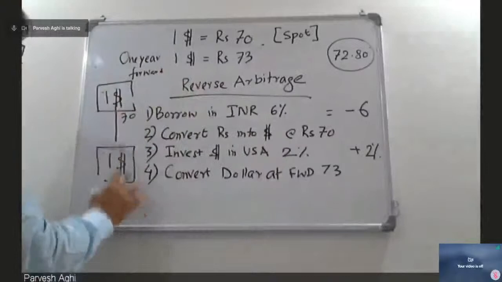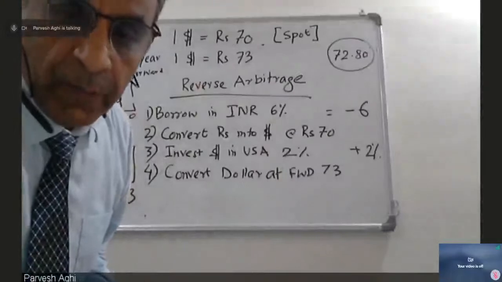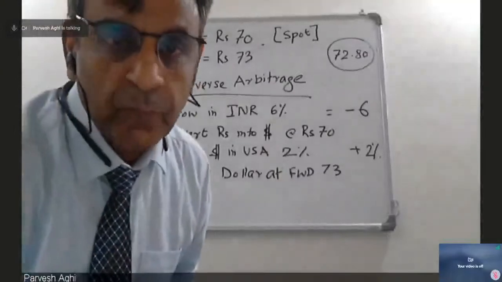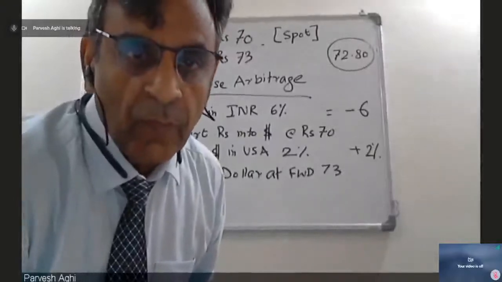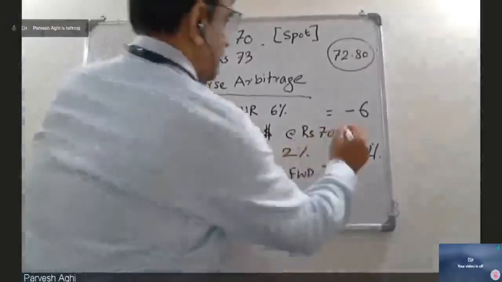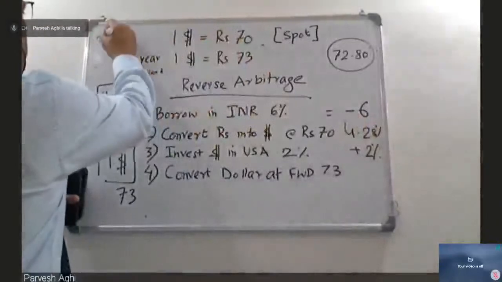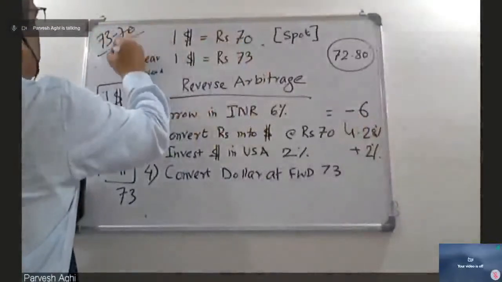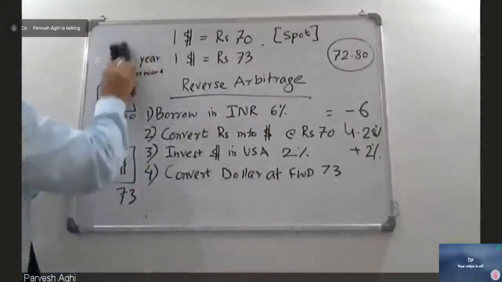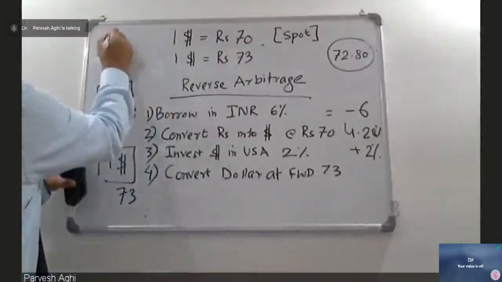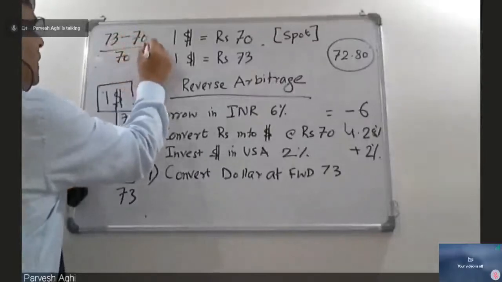So the return between 73 minus 70 comes out to be how much? Let me just check. It is 73 minus 70 divided by 70, into 100.